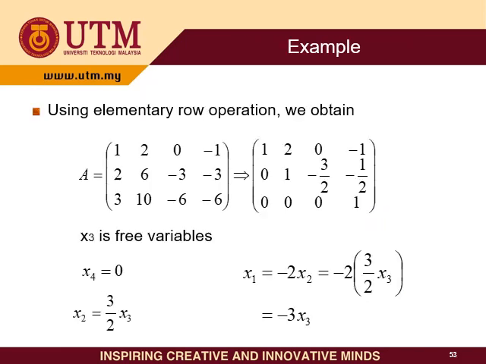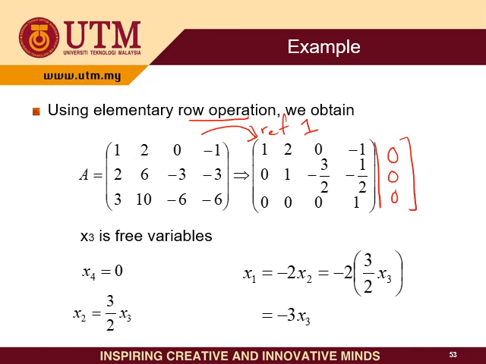Then we use elementary row operations to change it into the row echelon form, with leading 1. If you do it properly, you will have this one and you have 0 here, because it is Ax equals 0.